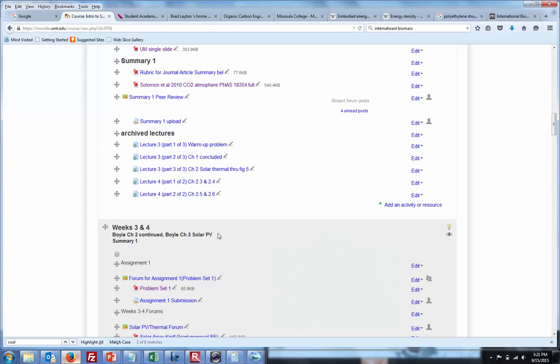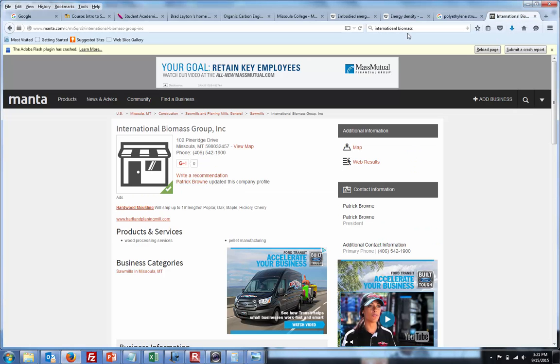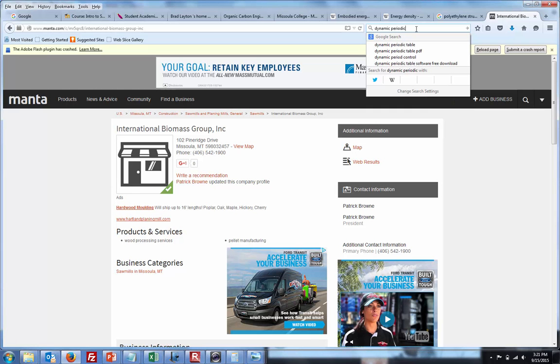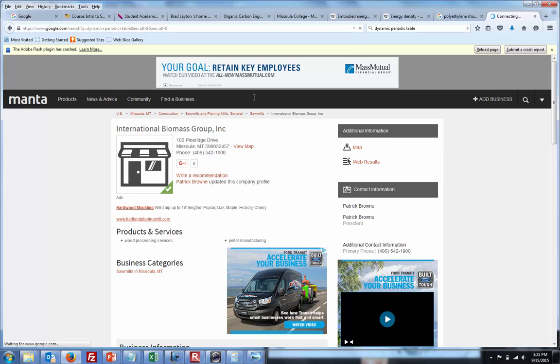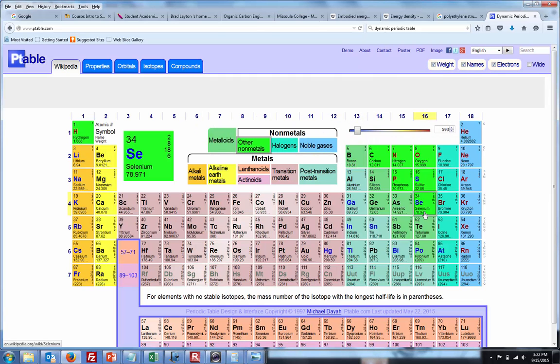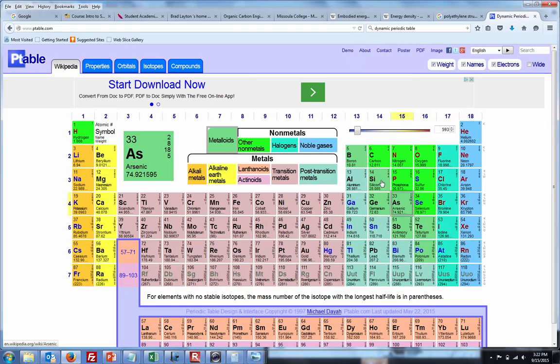I always like when I hear the name of some element, I like to go right to the periodic table, and I like this dynamic periodic table. Silicon, if I remember correctly, sits right here under carbon.